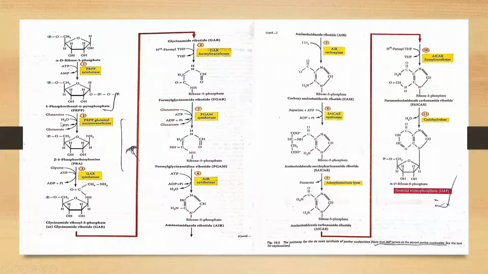Now the second step: glutamine donates its amide nitrogen to PRPP, displacing its pyrophosphate moiety.